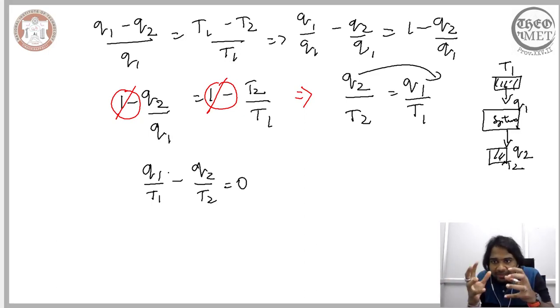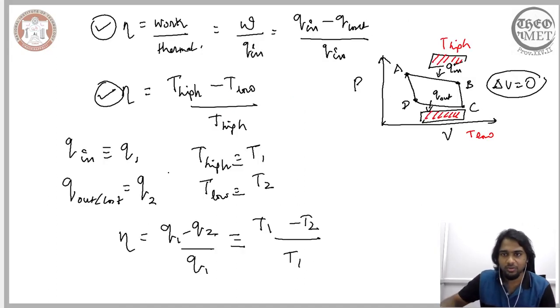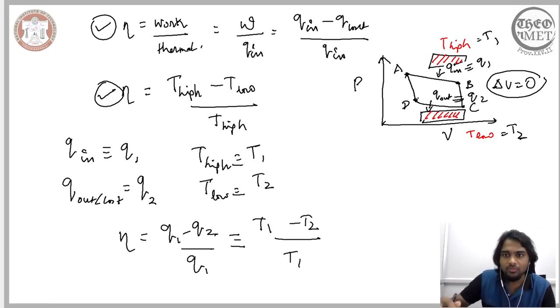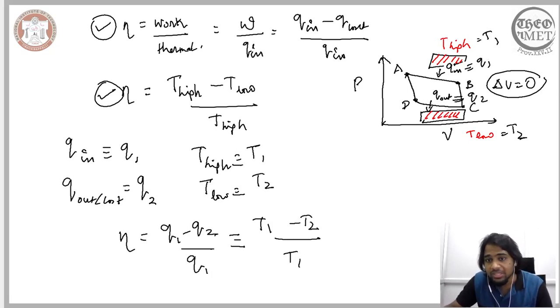And if you relate this operation to the Carnot cycle we have already considered, here Q in is the heat input, Q out is the heat output, and the associated temperatures are T high, which is equal to T1, and T low, which is equal to T2. So essentially the ratio of the heat transfer and the associated temperature of the reservoir is equal to the heat let out by the system and the associated temperature of the reservoir.